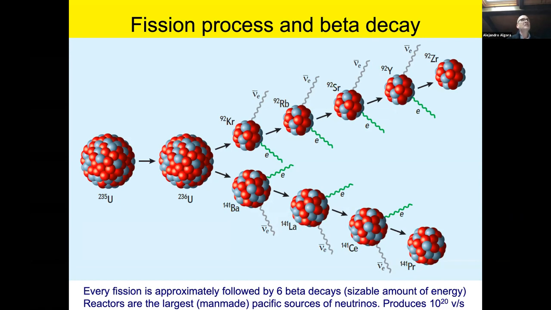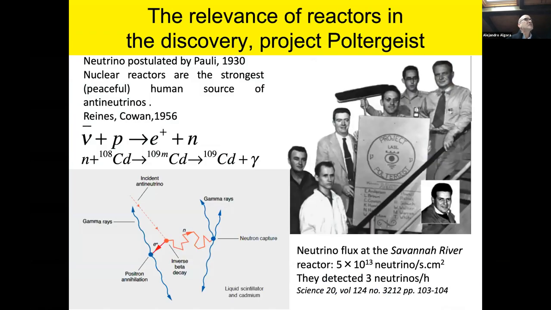And this immediately shows you the relevance of reactors in the discovery of the antineutrinos, or the neutrinos. So the neutrino was postulated by Pauli in 1930, but it took several decades to discover it, by the experiment of Reines and Cowan, in which they used the reactor flux at the Savannah River reactor using the inverse beta reaction.